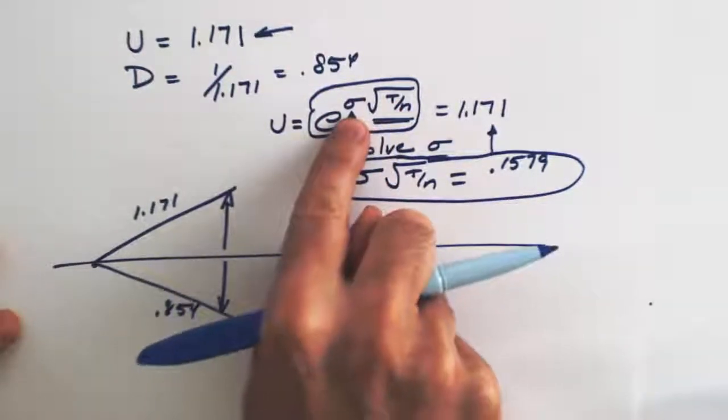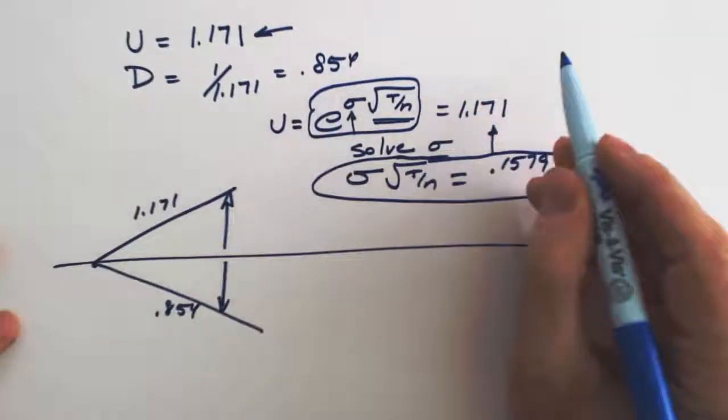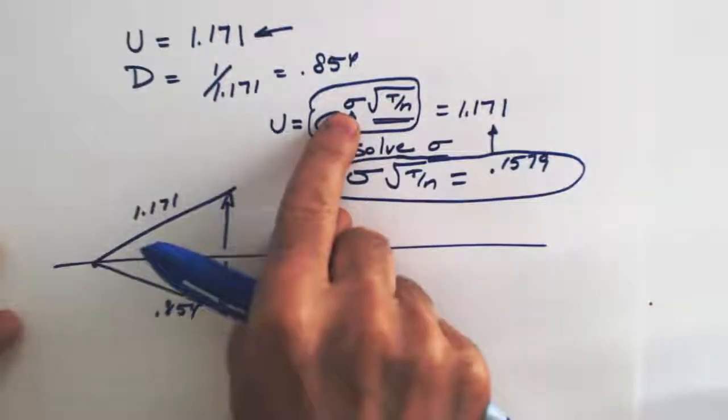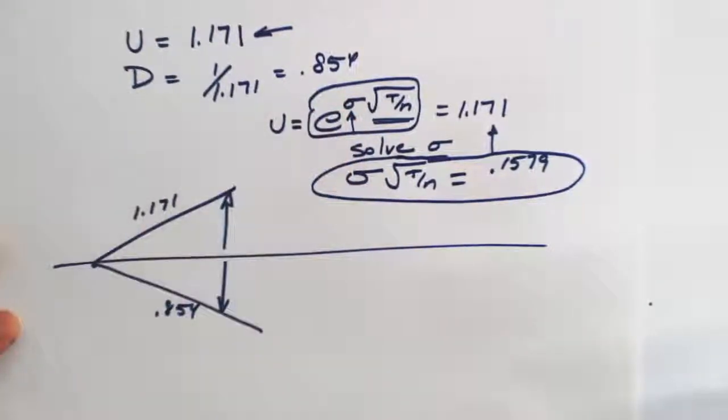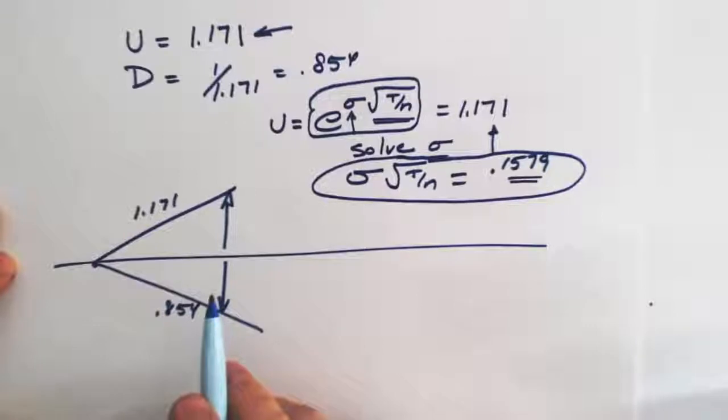Here's a trick in math: normally you're used to solving for x with algebra, but when x is an exponent, you're looking at things that are nonlinear, and you probably should be taking logarithms, because natural logarithms will make things linear, and when things are straight lines, it makes the math so much simpler. So you're going to have to exercise the LN button on your calculator to calculate this 0.1579.